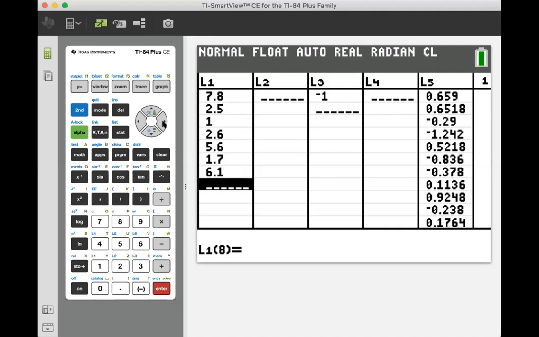Okay, so now let's go over to the other list, 9.6, 6.5, 1.3, negative 3.2, 6.1, and 0.9, and 6.3.